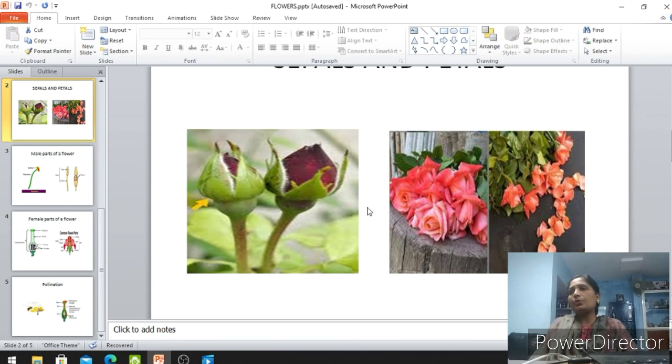Try to find out this and make a tabular column in your notebook. And also observe their petals. How many petals your flower has and whether these petals are united or separated from each other. Make a note of these observations in your notebook, children.